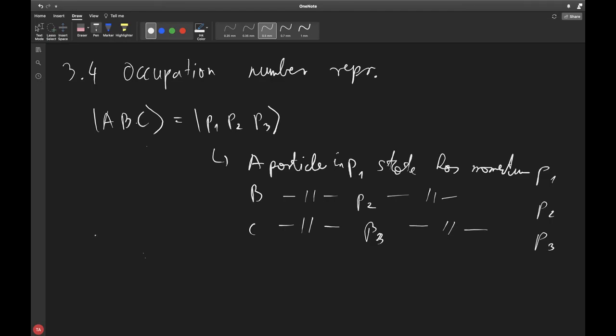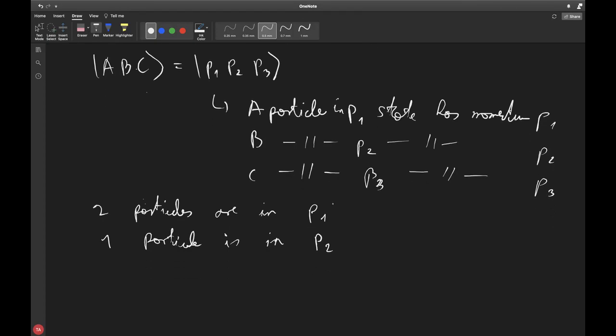So if we have two particles which are in the momentum state p1, and one particle is in p2, then if we move to this occupation number representation, that's going to be the state 2, 1, 0, 0, 0, 0, as many zeros as you want.